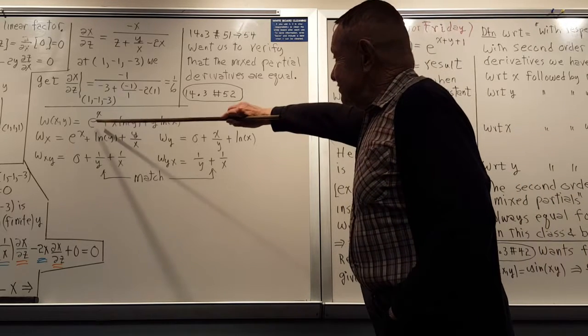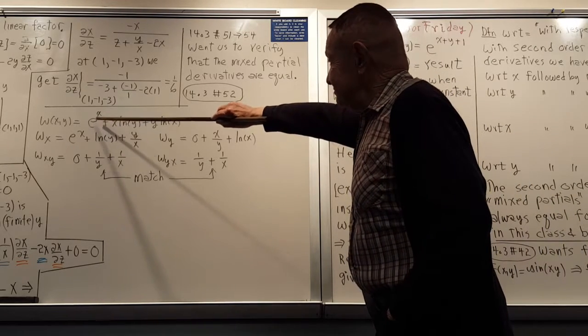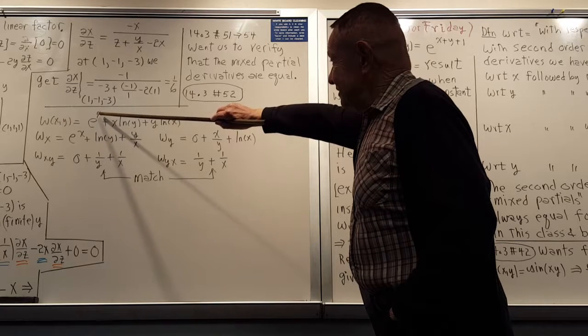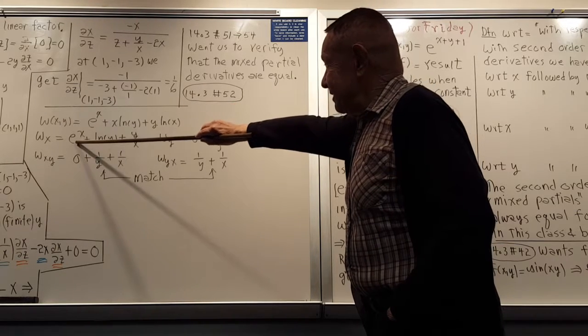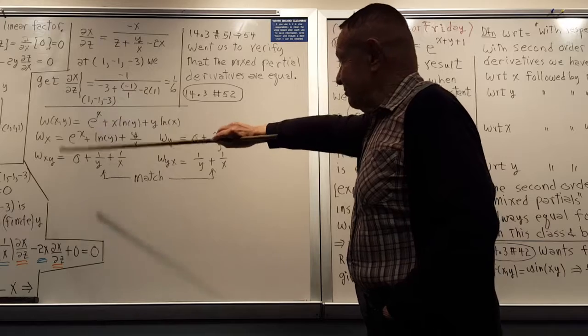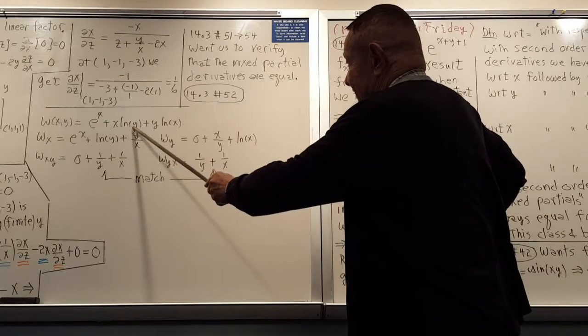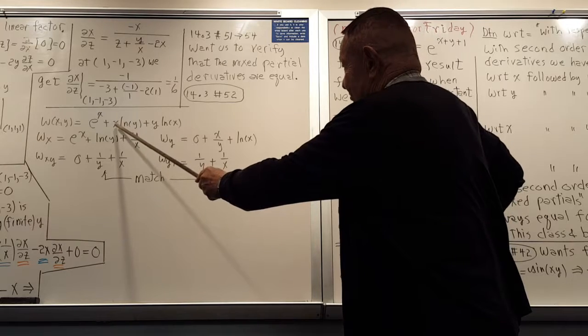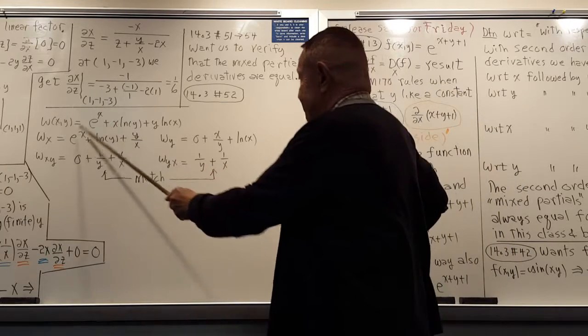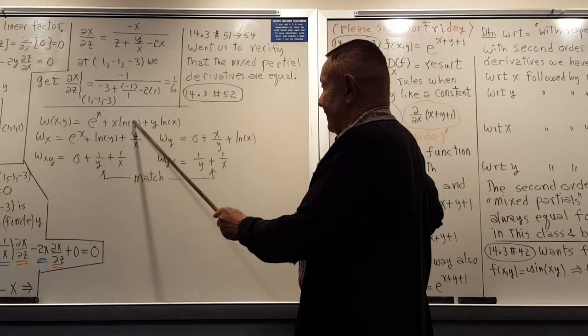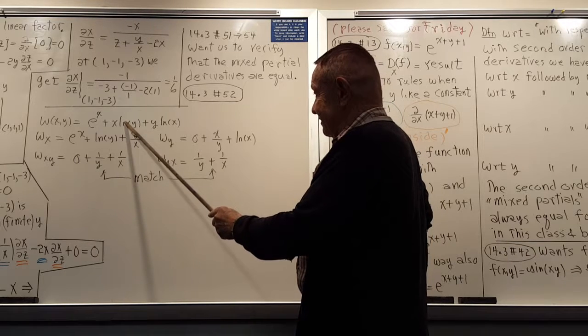Okay, so your partial with x, see, this is just math 170 because there's only the one variable there. Here you have a product, but you're doing the partial with x, so you're treating the y and therefore log y like a constant.